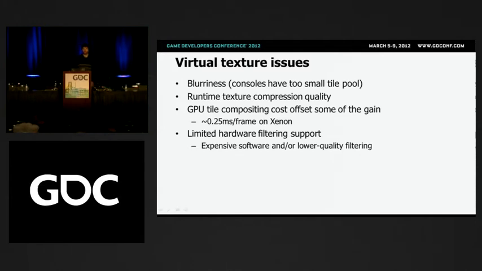So anyone trying to work with it has seen that you have to either do filtering quite manually in the shader or just turn off some of the filters that you normally have on, like trilinear. We don't do trilinear on consoles with the terrain in Frostbite. It's just too expensive to do it in the shader explicitly.